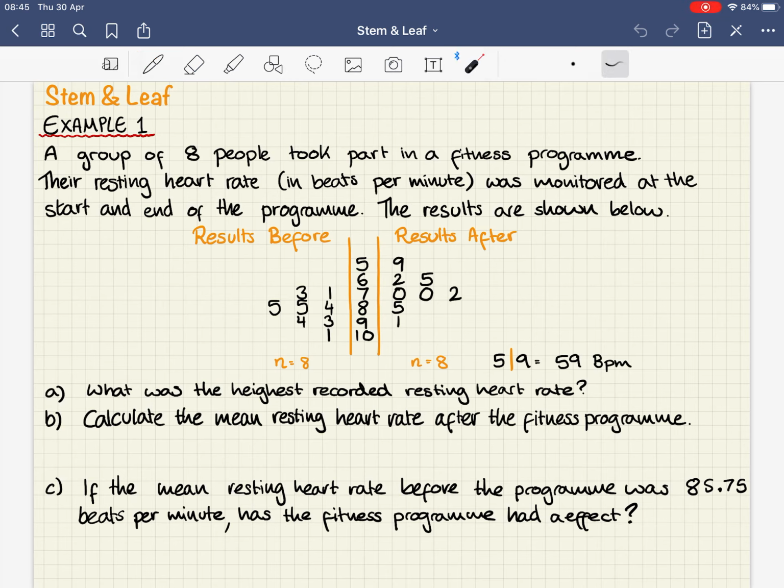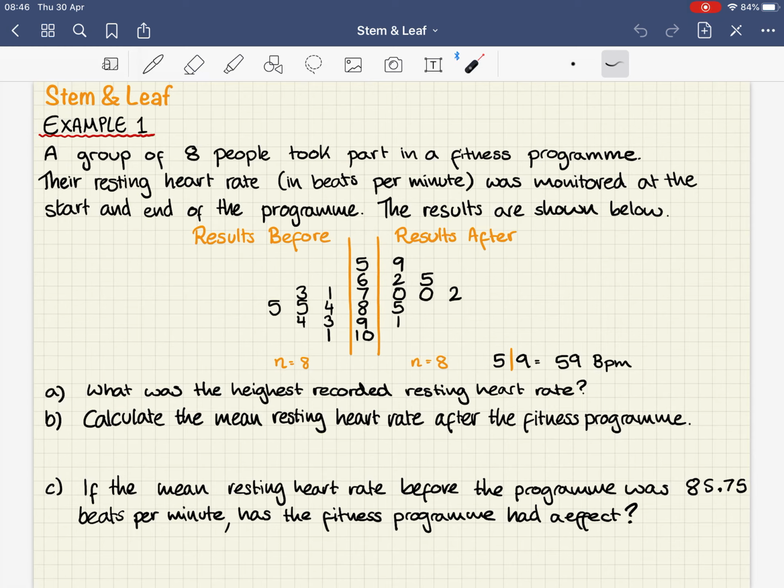So, reading a stem and leaf, just as a reminder, first I'm going to look at the right-hand side. We've got 59, and it even shows us a little key down here with that. This would be 62, 65, 70, 70, 72, 85, 91, and that's it because there's nothing else here.